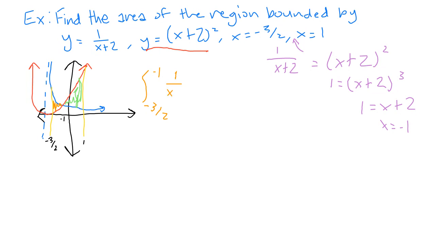So 1 over x plus 2 minus the one that's smaller, in air quotes, which is going to be our x plus 2 squared, and then of course our dx. Then we're going to add this to our second integral, which is going to go from negative 1 to 1. And this time we can see it's switched. Our parabola is on top and our other one's on the bottom. So we're going to have x plus 2 squared minus 1 over x plus 2 dx.